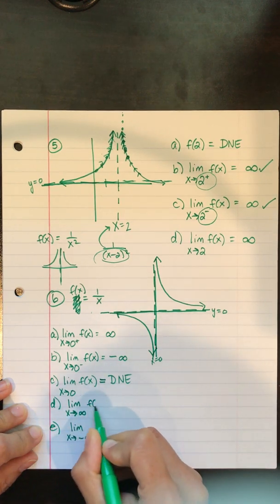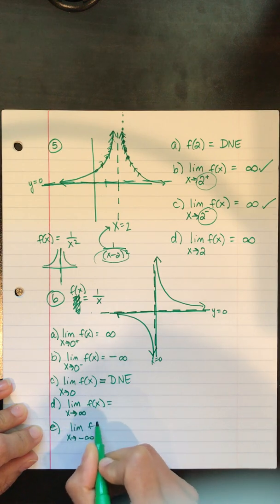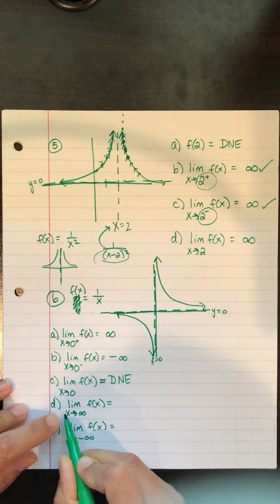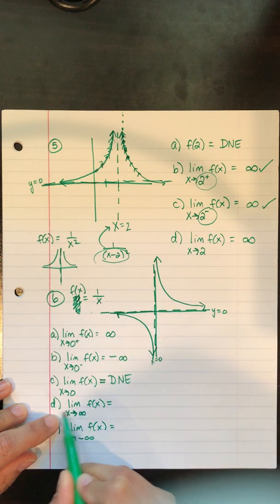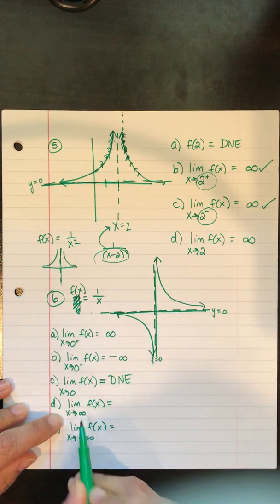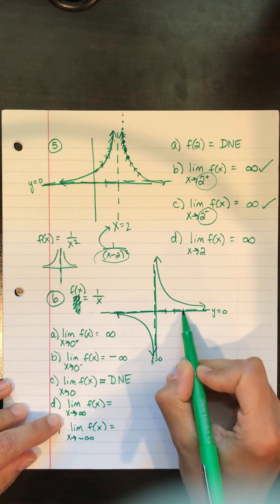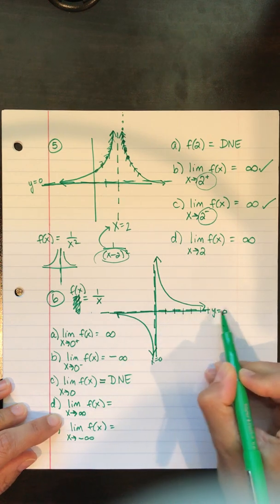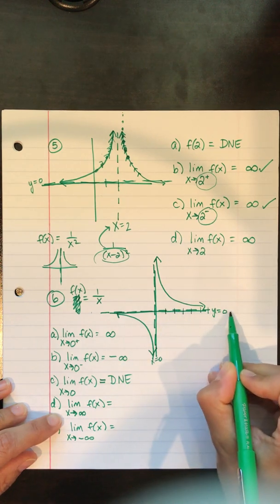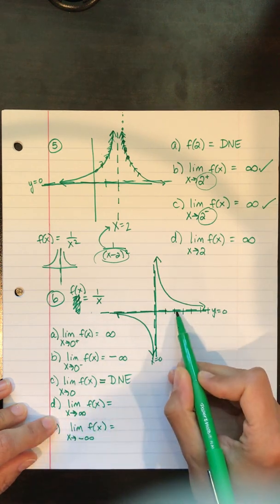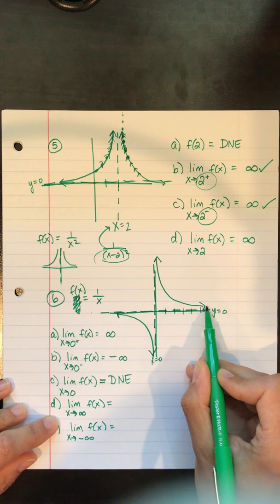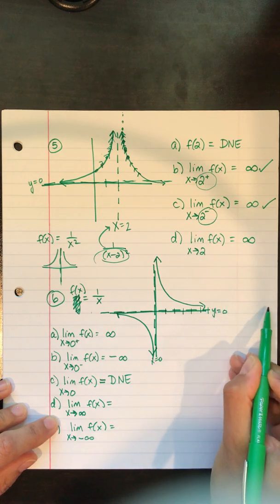So what does that mean? What do your eyes do when they look at the graph? Well, as x approaches infinity means look at all the x values that are getting larger and larger forever. So 1, 2, 3, 4, 5, 6, 7, 8, 9, 10 to the right forever. So I'm asking you in this problem to look at the graph as it goes to the right forever.